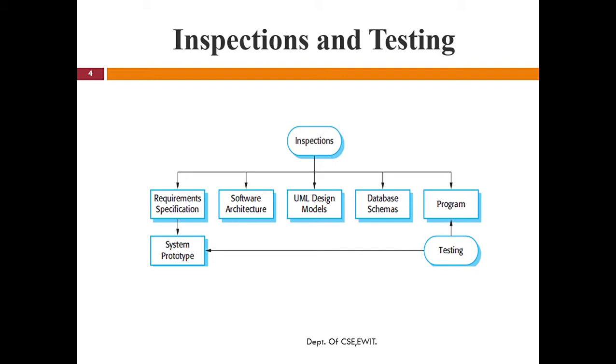As shown in the diagram, they can be applied to any representation of the system, which might be a requirement, a software architecture, a UML design, a database schema, anything.